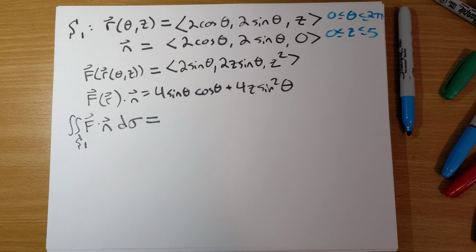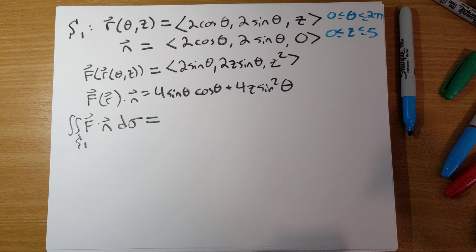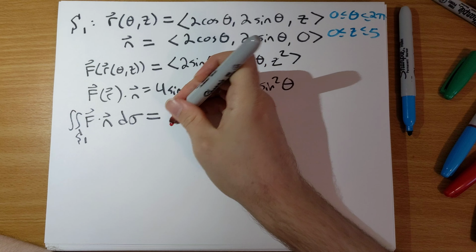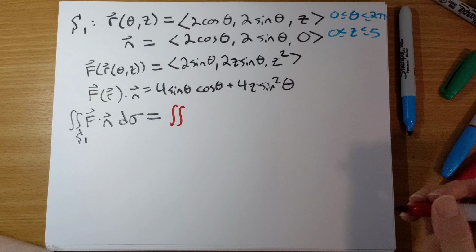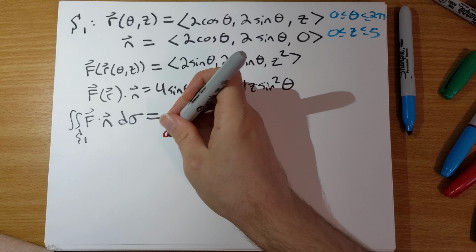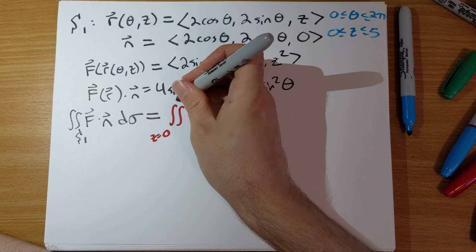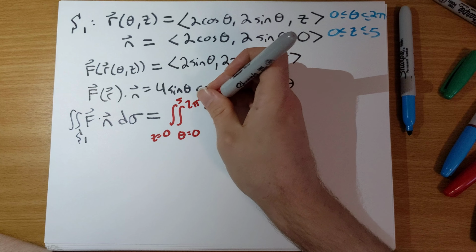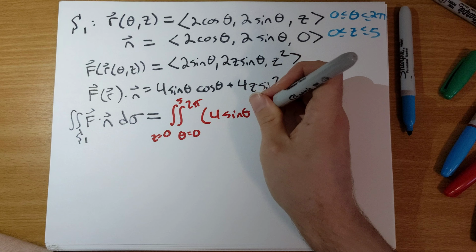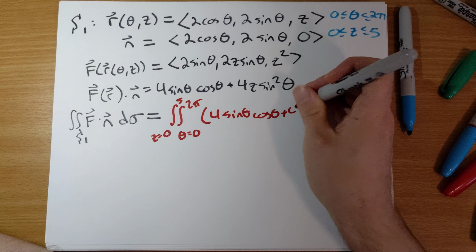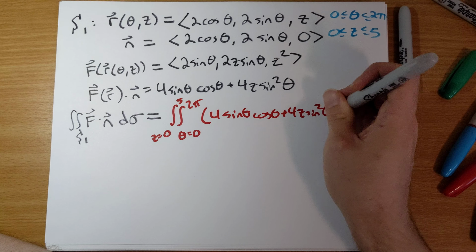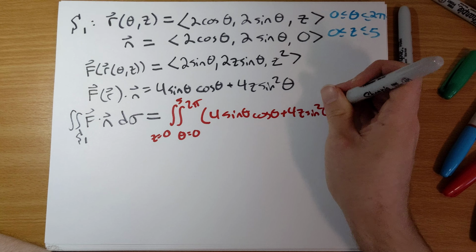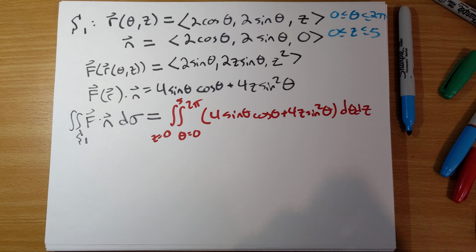So this is going to equal the double integral where z runs from 0 to 5 and theta runs from 0 to 2 pi of 4 sine theta cosine theta plus 4z sine squared theta d theta dz. I'm going to skip the computational details. You can check them for yourself.